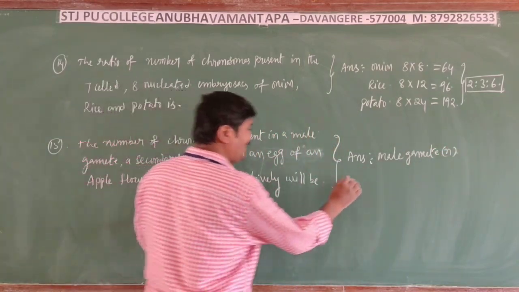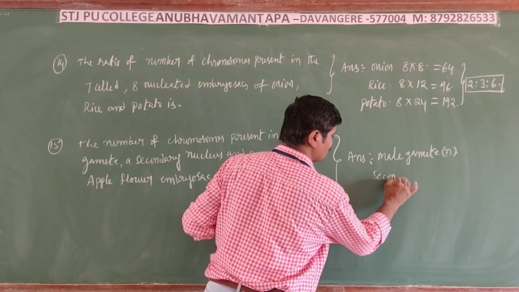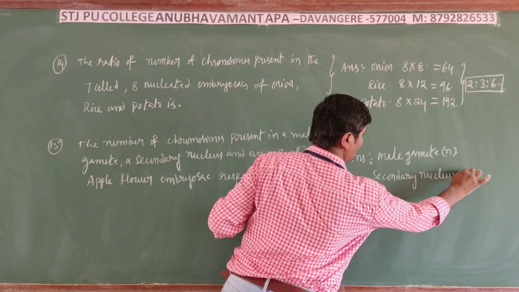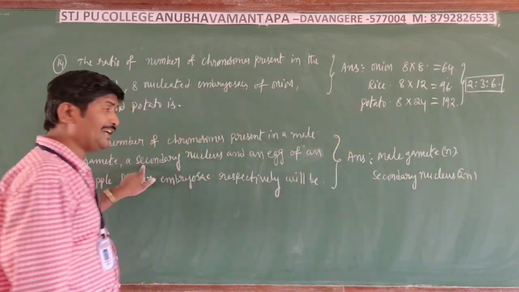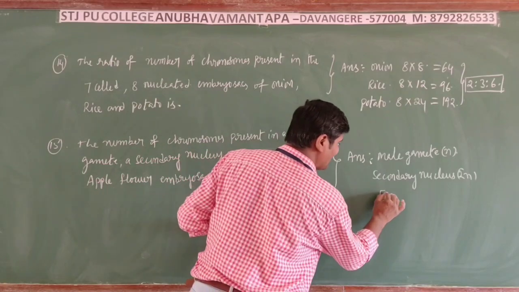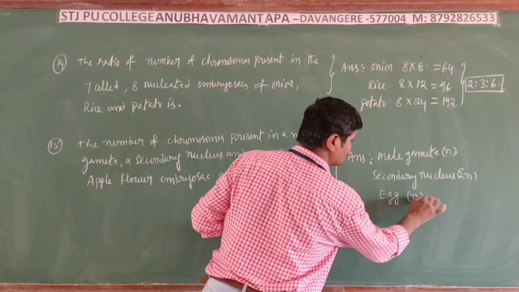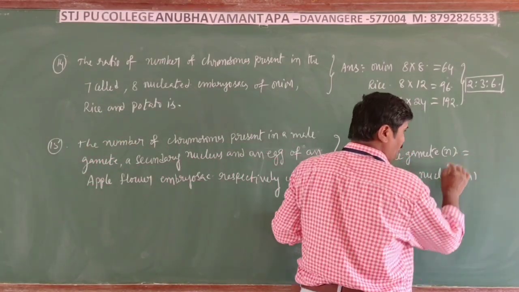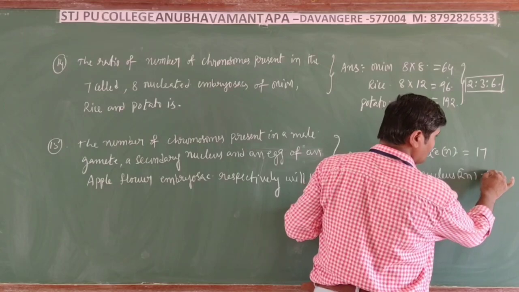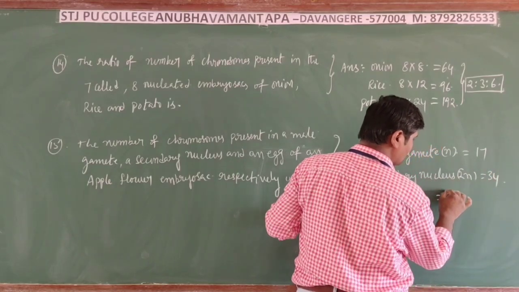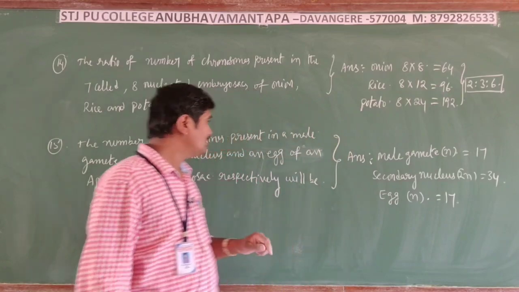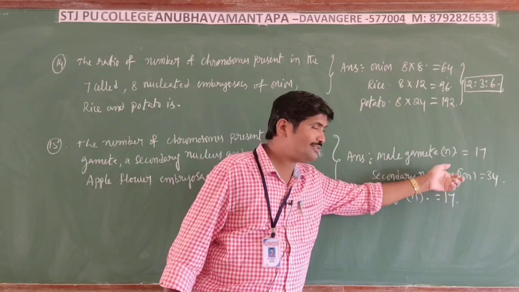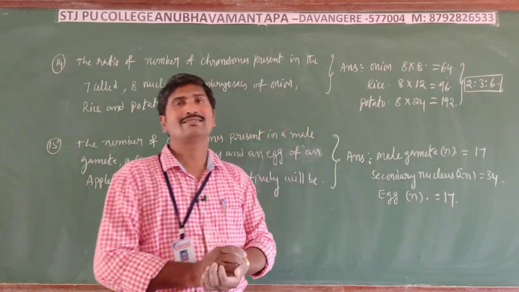The secondary nucleus is 2n and the egg cell is n. Now the diploid number is 34 and the haploid number is 17. The chromosome numbers present are: male gamete 17, secondary nucleus 34 and egg cell 17.